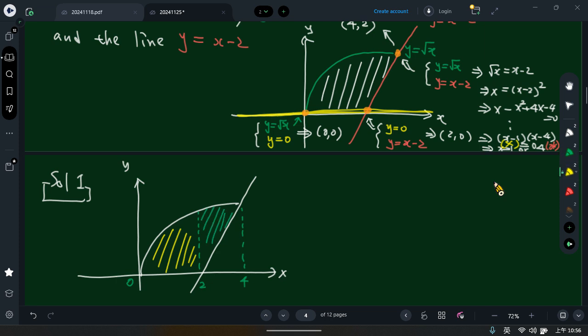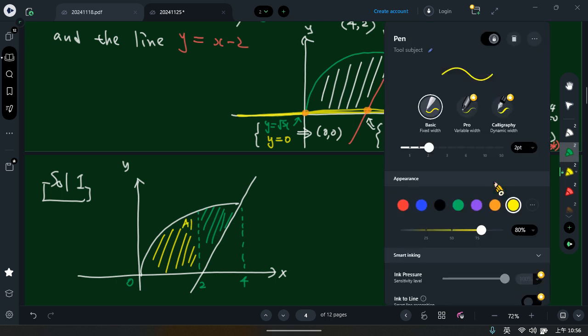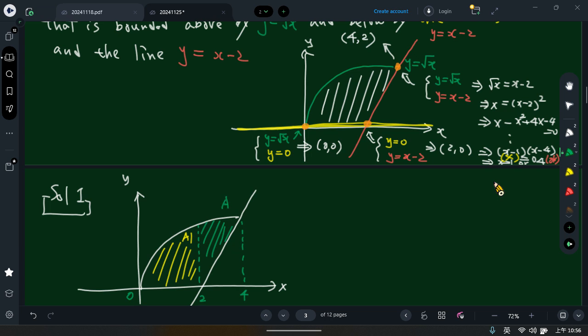So for part A, this one is A1. This is A2. So you can see the A should be A1 plus A2. Right? For A1, it will be the integral from 0 to 2, right? But bounded by which curve?